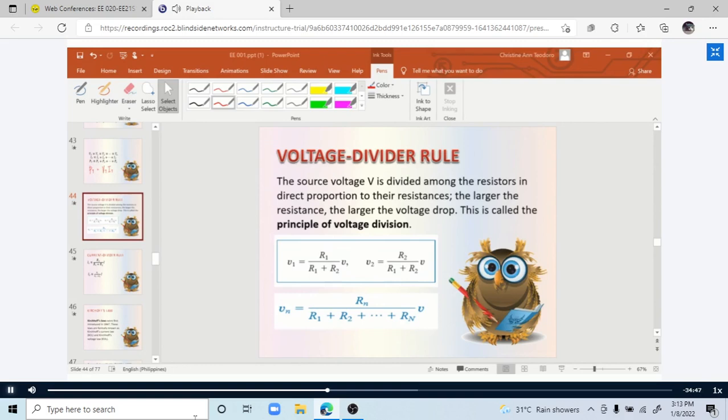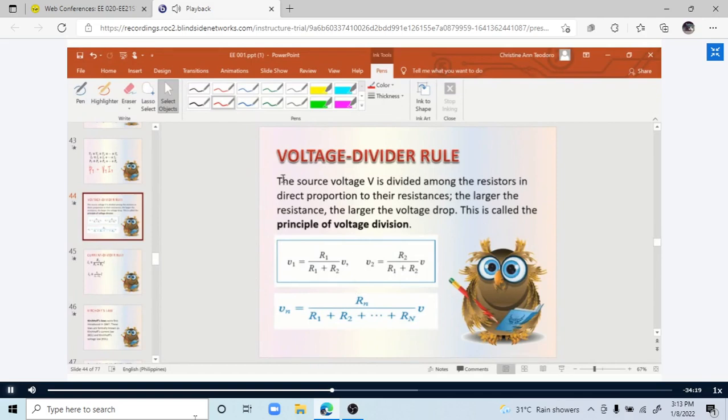In what connection? In series. Very good. So our voltage divider rule is only applicable in series resistances. Take note of this one. VDR or voltage divider rule is only applicable in resistors in series.